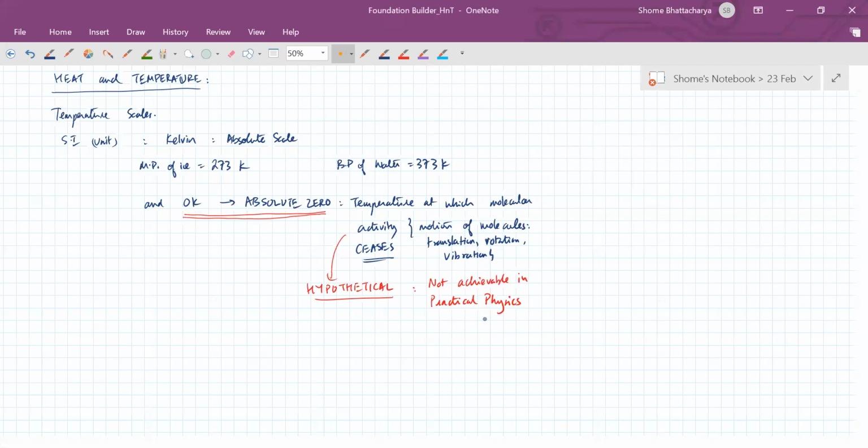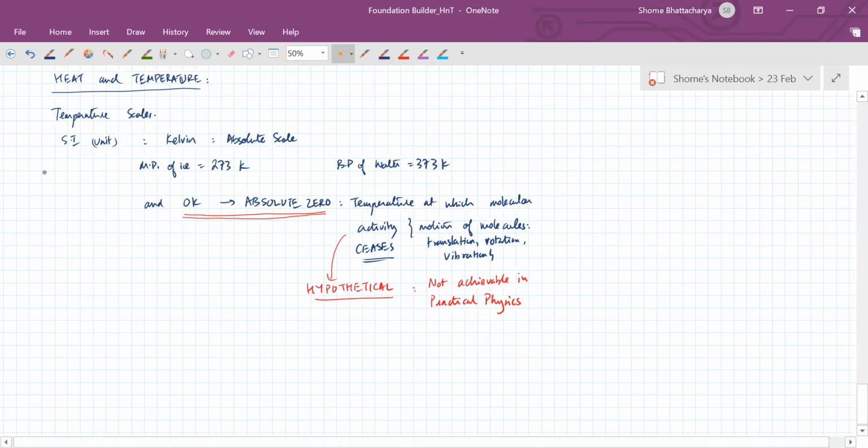It's simply not possible. Some fraction of molecular activity will always remain even after absorbing it through collisions. Okay. So that is the idea. So that is the significance of absolute scale.